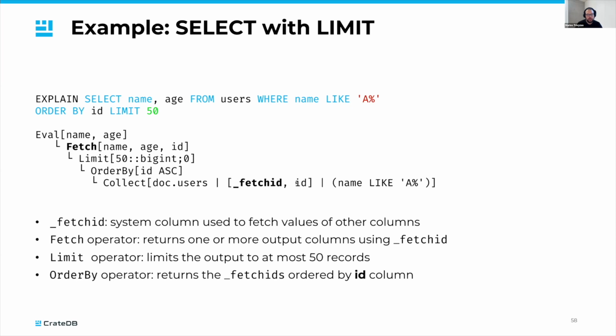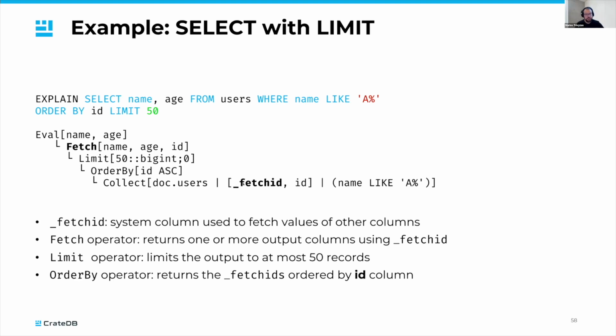So we ask the collect operator to return ID, because we need it right away for the order by operator to order the results that we get after the filtering. And then we ask for the fetch ID.